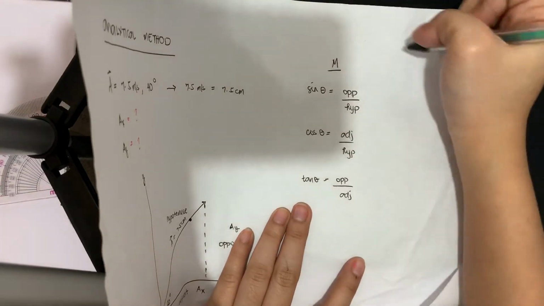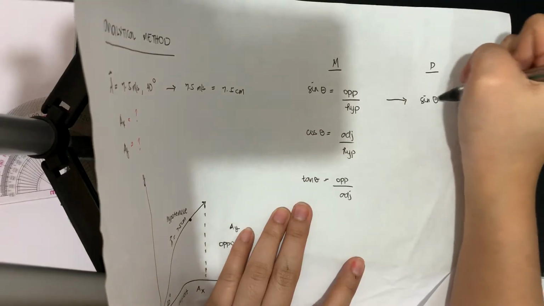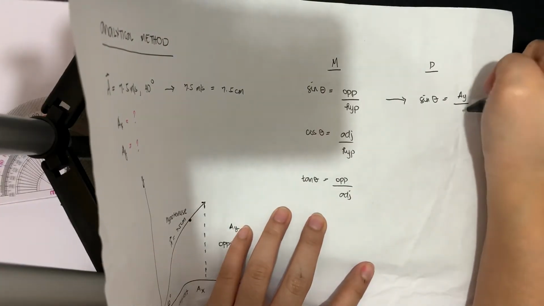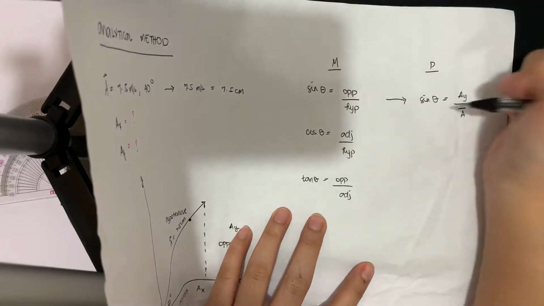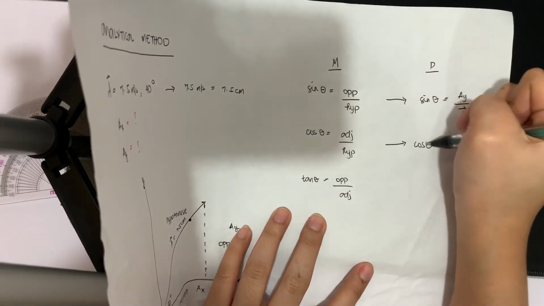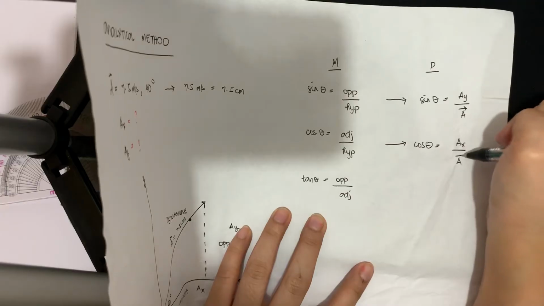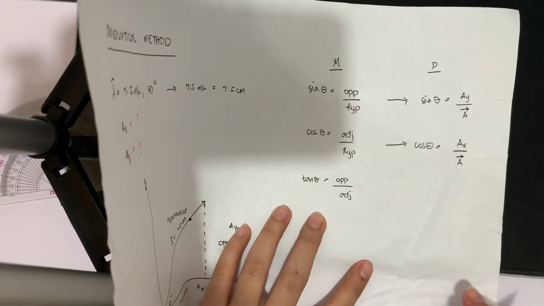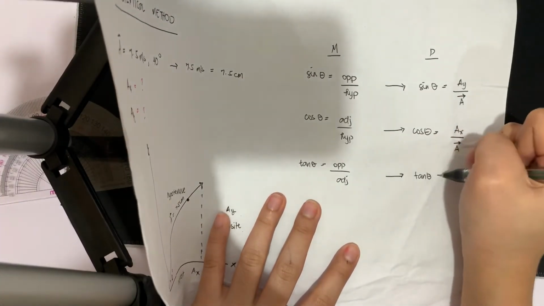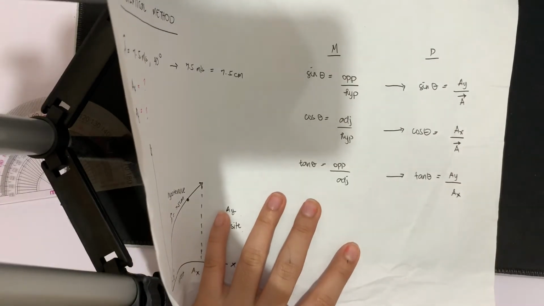In physics terms, it is like this. Sine theta is equal to opposite, our a sub y, over hypotenuse, vector A. Cosine theta is equal to adjacent, or a sub x, over vector A. And tangent theta is equal to opposite, ay, over adjacent, ax.